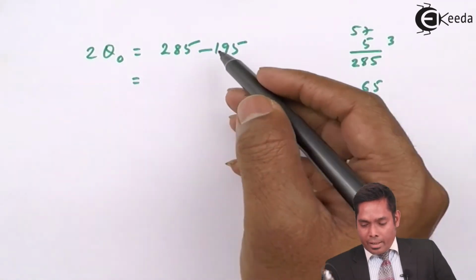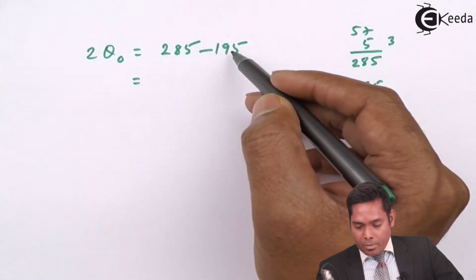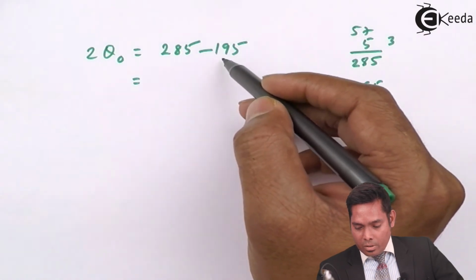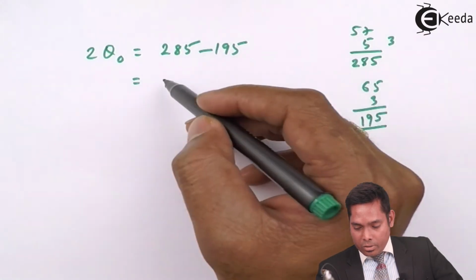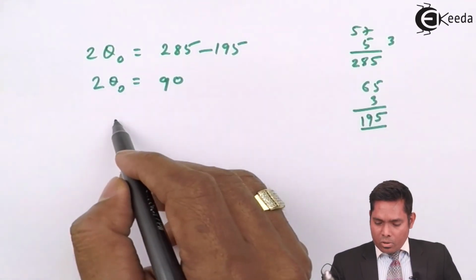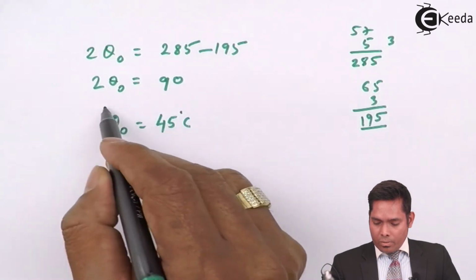If I subtract that, it is 285 minus 195, so it is 90. So 2 theta naught is 90, so theta naught is 45 degrees centigrade.